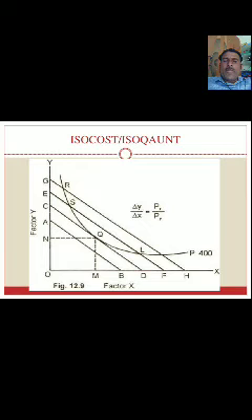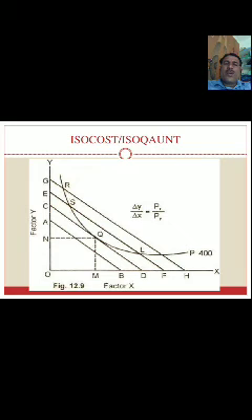The isocost line is AB. If the total budget is spent on labor units, we get OB of labor units, or if the total amount is spent on capital, we get OA of capital units. That's all, not more than the given budget.